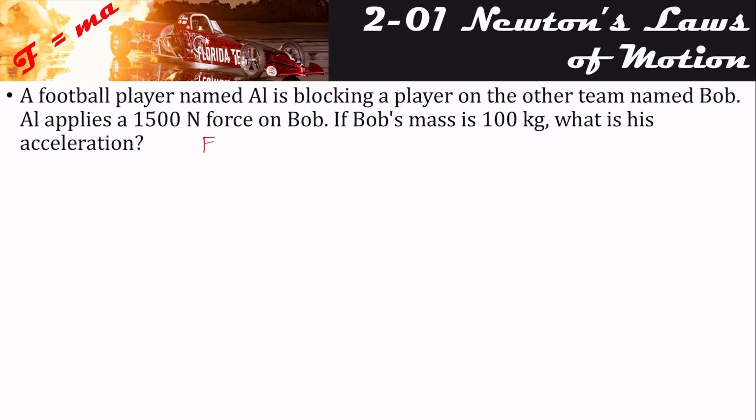Well, if we have F equals ma, our force is 1,500 newtons, and Bob's mass is 100 kilograms. Just divide by the 100, and our acceleration is 15 meters per second squared, which actually turns out to be a very large acceleration.